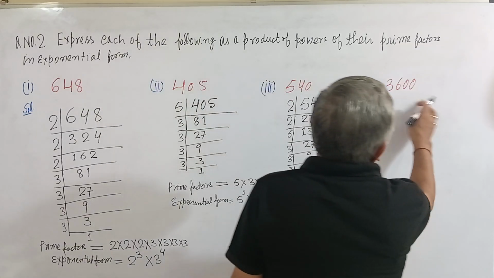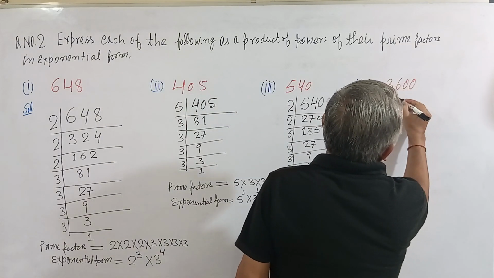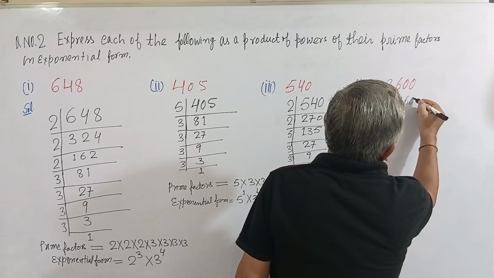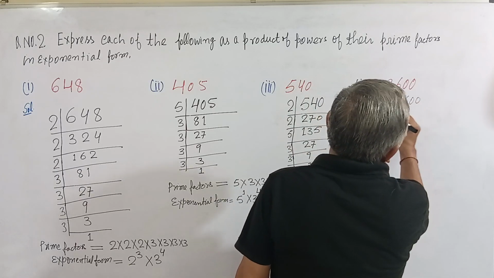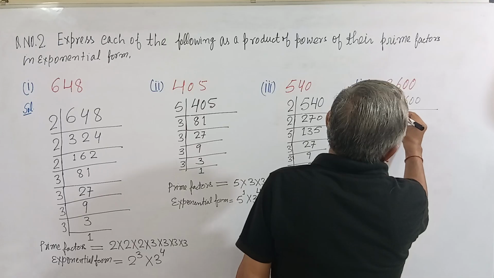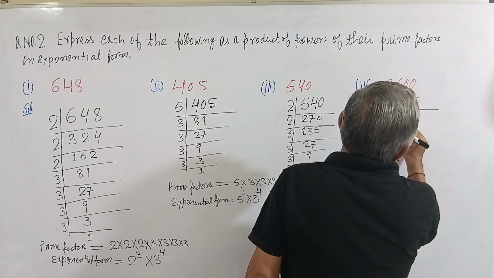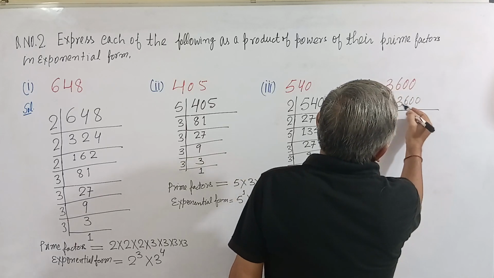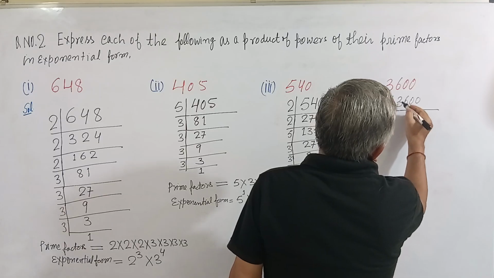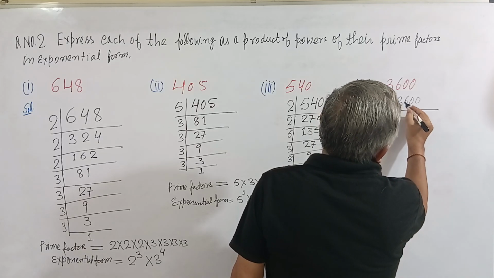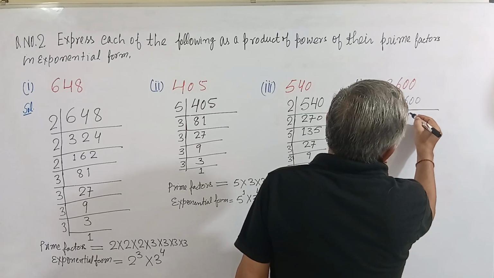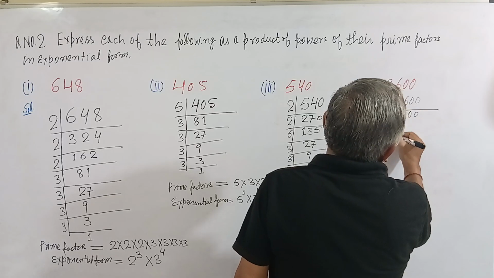Then the last, that is 3600. We will take out the prime factors first. 2 2 1 ja 2, 2 8 ja 16, 0, 0.